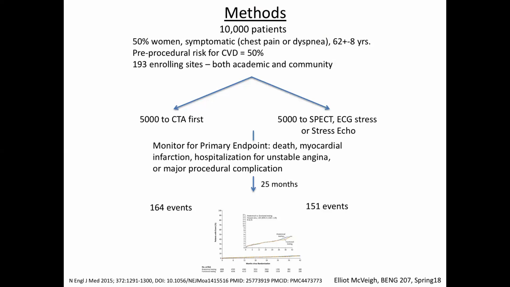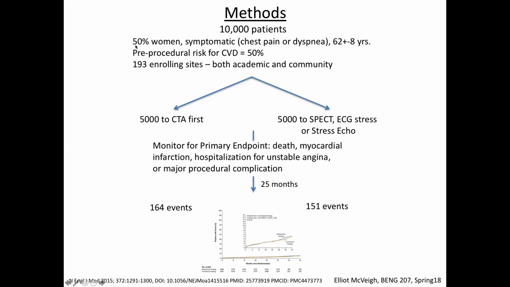They tried to use these clinical indicators to get the mean risk for cardiovascular events over the next 10 years to about 50%. So they're fairly high probability, risky people.